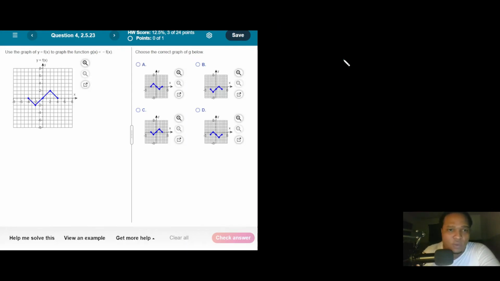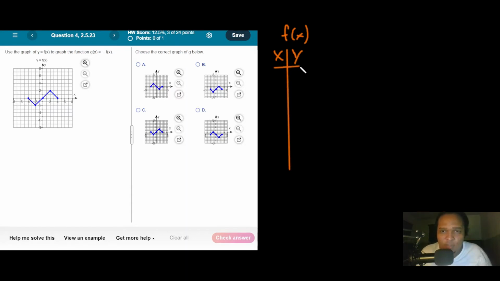First things first, let's go ahead and write down an xy table for the f of x. What are the points? We have -4, 0. Take your time and write down the points, okay? We have -2, -2.